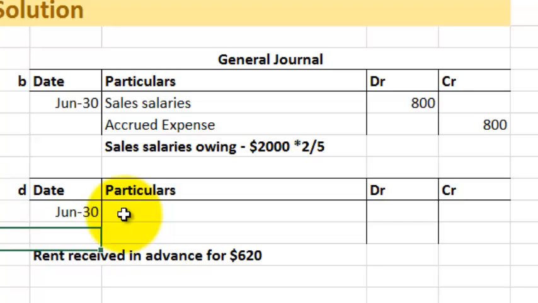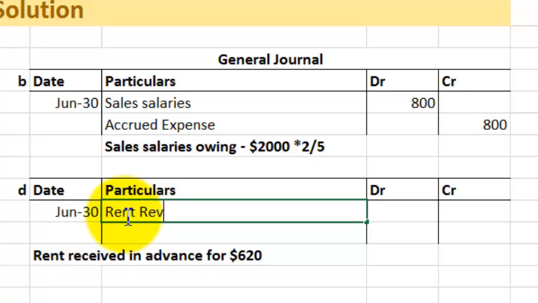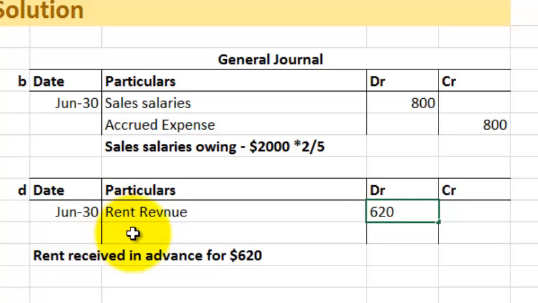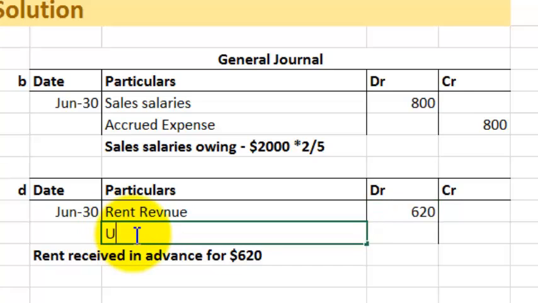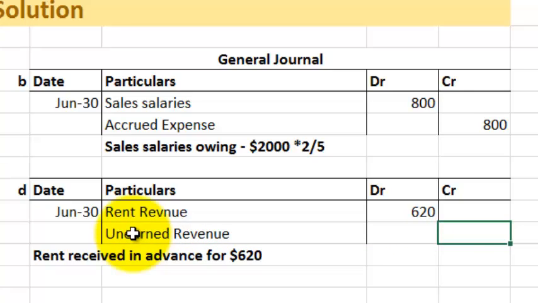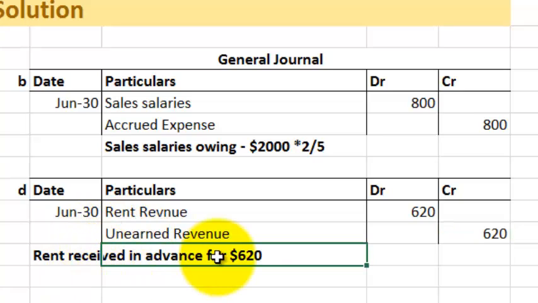So we've actually got too much revenue, therefore we have to debit rent revenue in this case $620, and we've got this other account called unearned revenue or prepaid revenue. It doesn't really matter what you call it. They both mean the same thing, but it's not yet due. It's owed to the next accounting period, if you like. Therefore, we've got to make that adjustment.